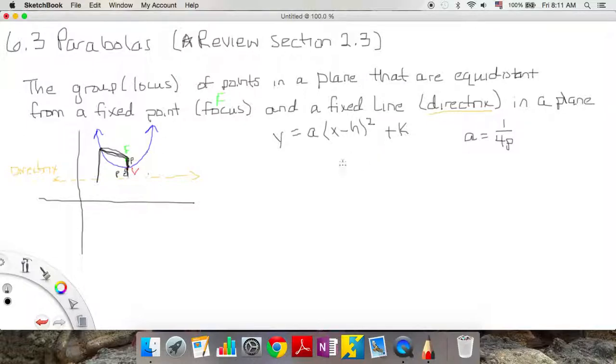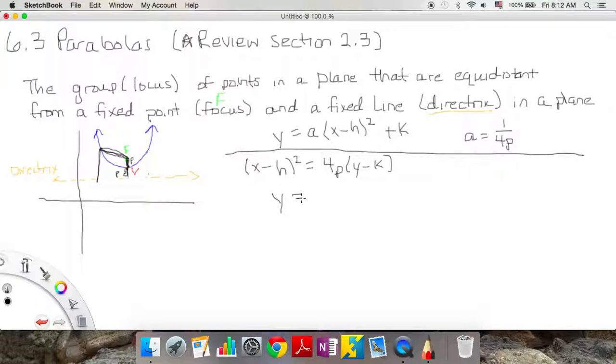All the little formulas that we need are on your formula page. Most of the time we list our formulas like this so we don't have all the fractions in it. But if you multiply this out, distribute, and then solve for y, you get y equals 1 over 4p times x minus h squared plus k, which is just what we used here.